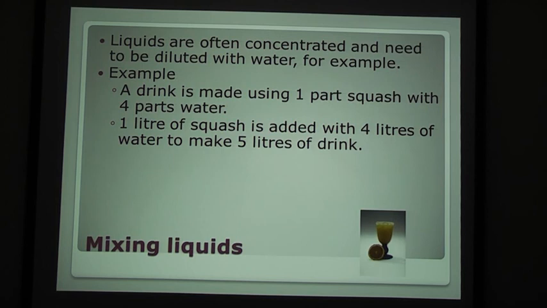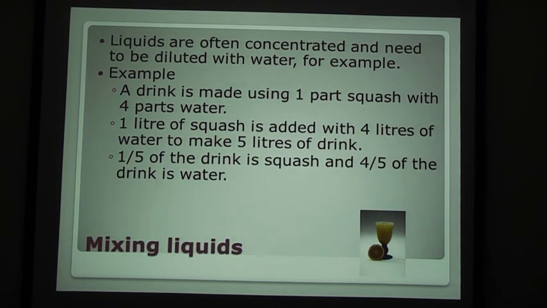So 1 litre of squash, you added it to 4 litres of water, you got 5 litres of drink. So ultimately, that means that a fifth of the drink, 1 out of the 5 parts, is squash, and 4 out of the 5 parts is water.